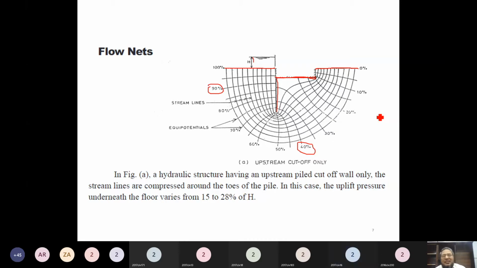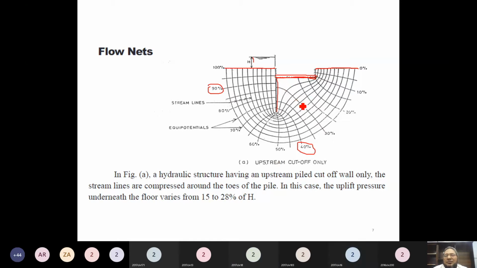Now we want to see how much are the uplift pressures on the concrete floor. This one is the concrete floor. Now which line will give us the value of the pressure, or pressure head? It is the psi line or phi line? Phi line, sir. Equipotential line.